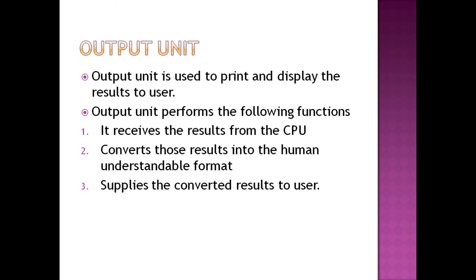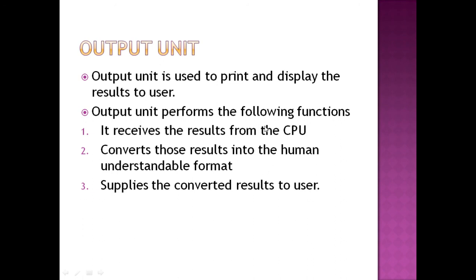The printer, what it does is, it's going to again convert that data into human understandable format. That is, it's going to convert it into English language. So once it converts it into English language, it's going to print the data. So finally, it supplies that data to the user.